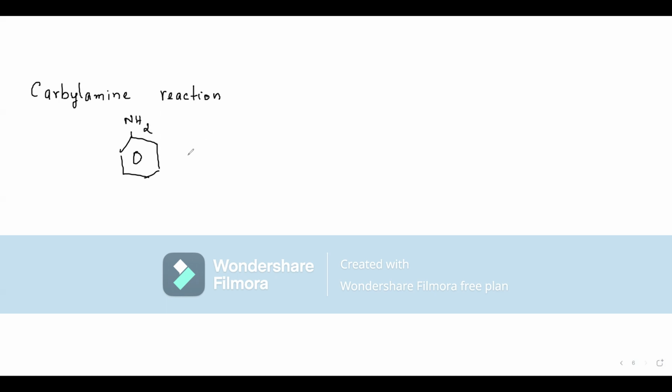This is a test for primary amines as well, because only primary amines undergo this reaction and they produce a disagreeable smell. A foul smell is generated. So if you perform such a reaction and you get a foul smelling compound, you can conclude that the amine that you have taken is a primary amine.